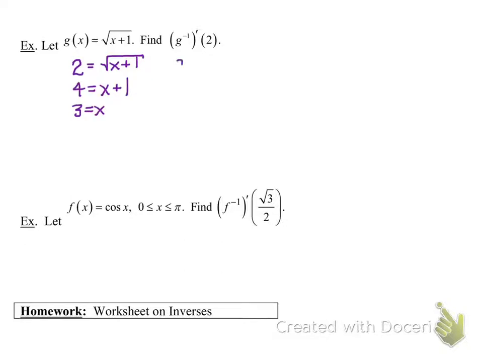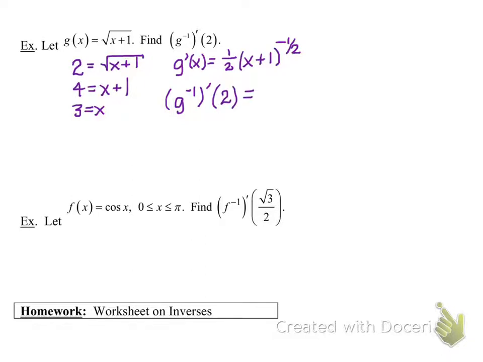We also, again, need g prime of x, and g prime of x equals 1/2 times x plus 1 to the -1/2. That was a very big negative sign. We go back into our problem. G inverse prime of 2.